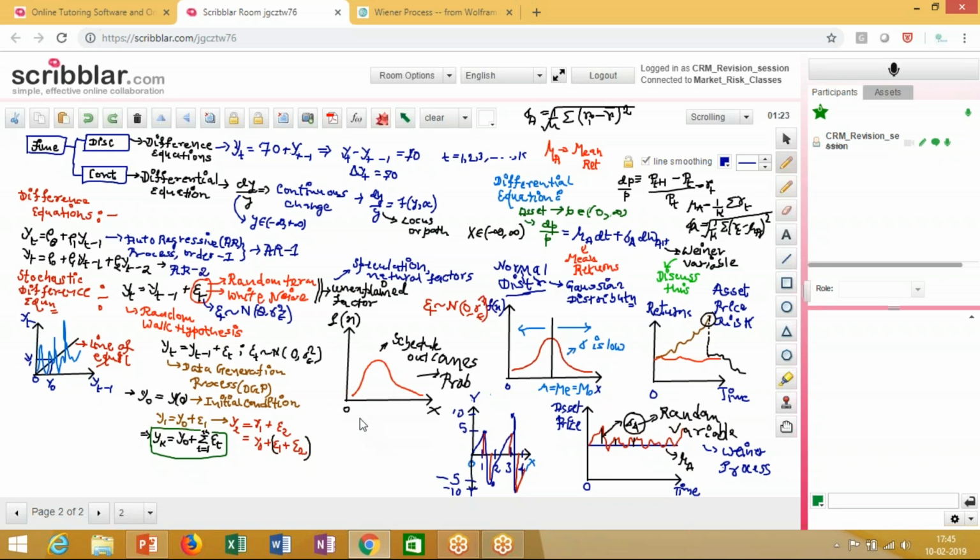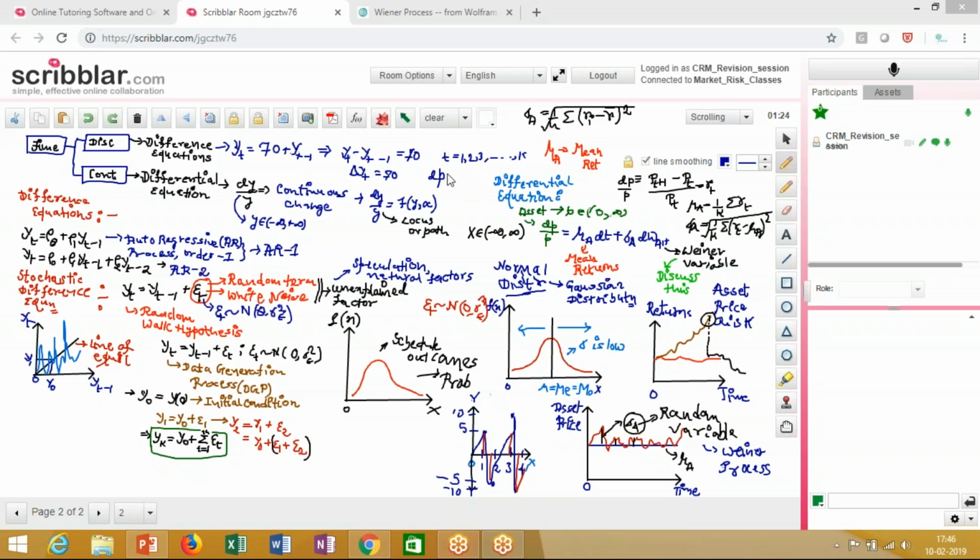Okay. So over here, let's have a look into this. I have random variables. Okay. So talking about the asset price part, DP, as we had discussed in the last class also, represents the continuous change in price, right?